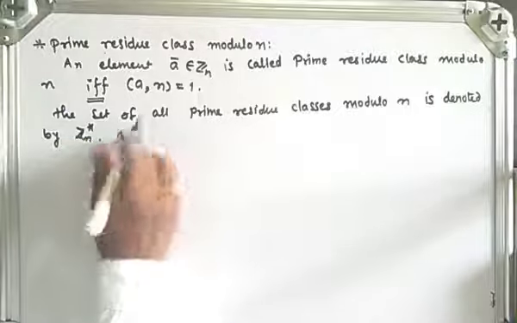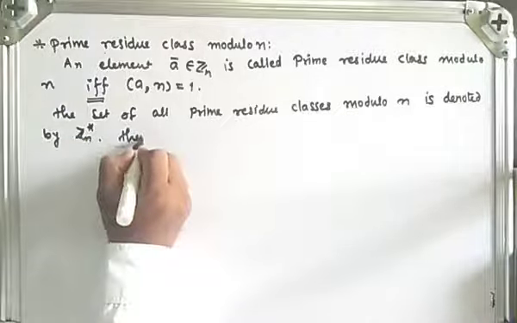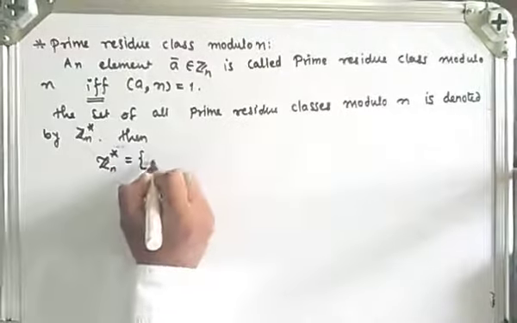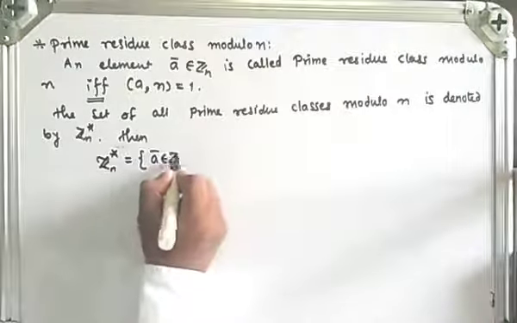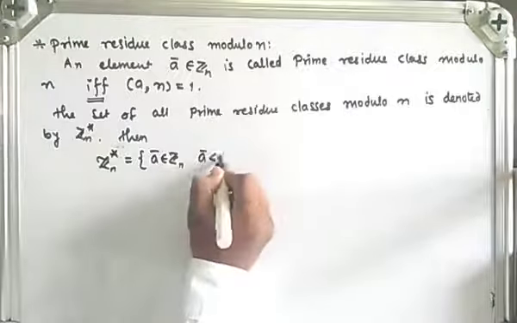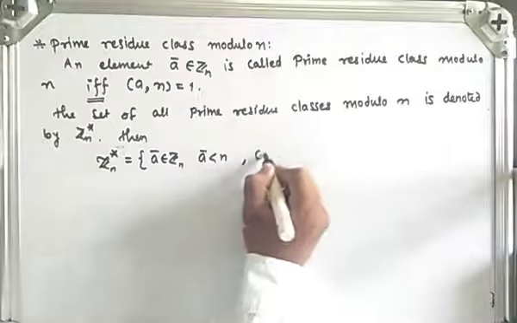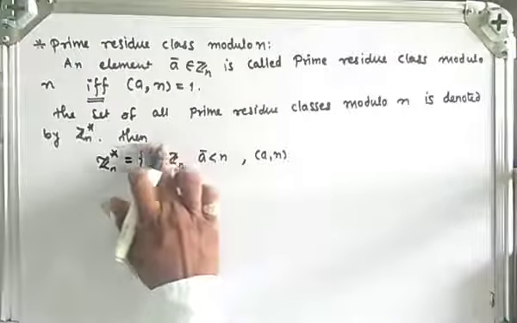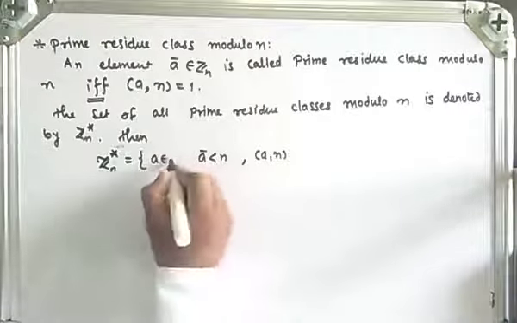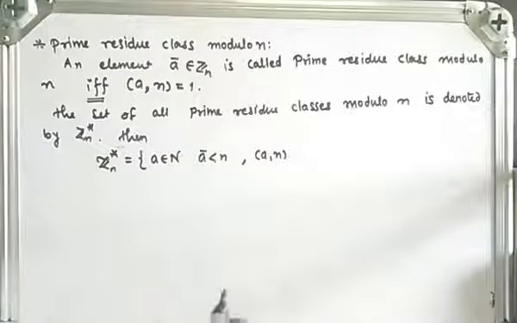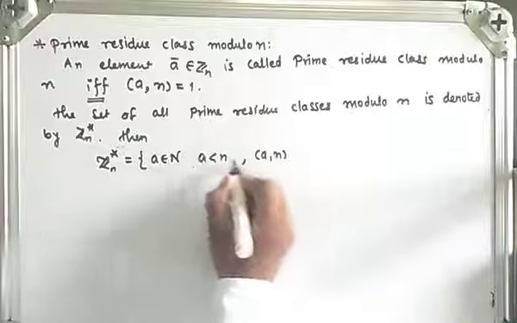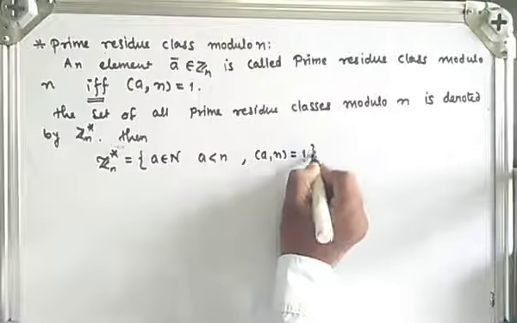Thus Zn star is defined by a bar belongs to Zn such that a is less than n and GCD of a and n is 1. Also here I will take a belongs to natural numbers, then a should be less than n and GCD of a and n is equal to 1.